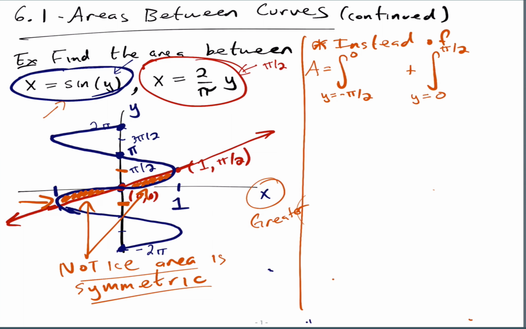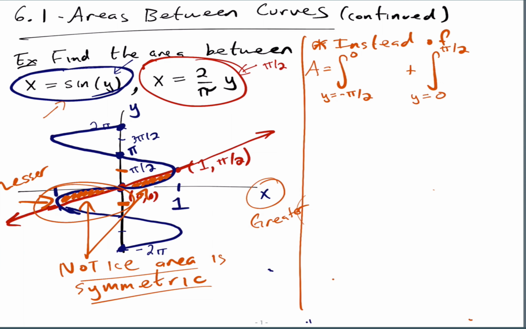The greater values are the ones further to the right, right? These are the greater, these are the lesser, because you're looking at the number line, the horizontal axis. Those are the values of the function. Does that make sense? So for the very first integral from minus pi over 2 to 0, I'm looking at this one right here, right? Which one's greater?